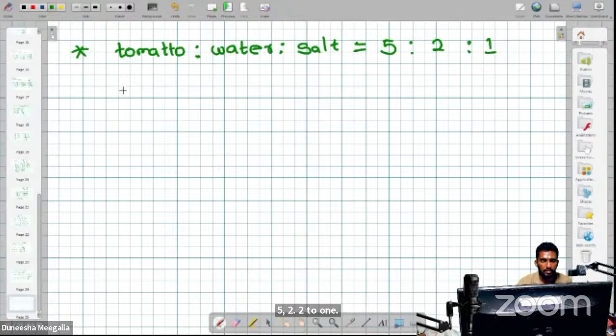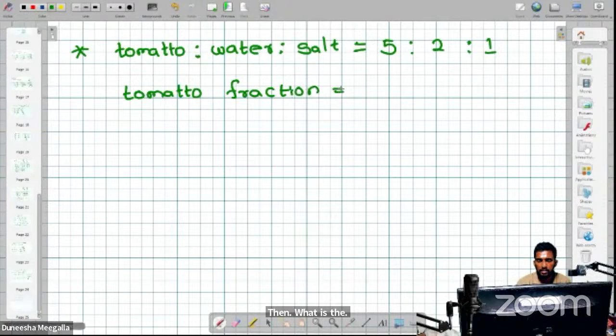What is the tomato fraction in this mixture? What's the total factor? 8 in the denominator. What is the relevant ratio for the tomato? 5.